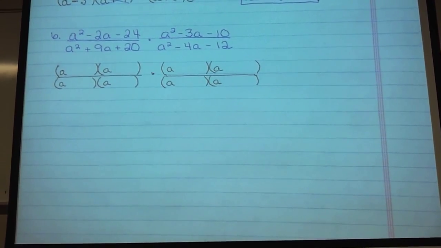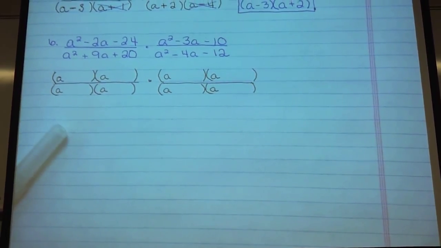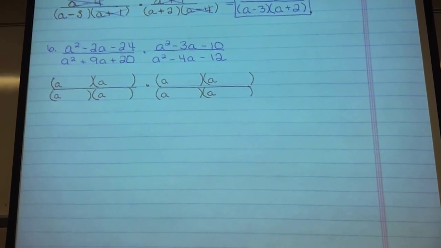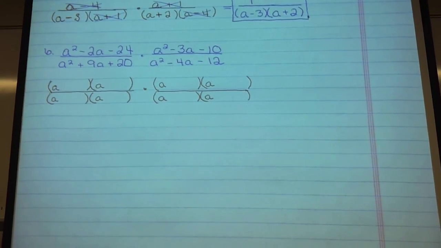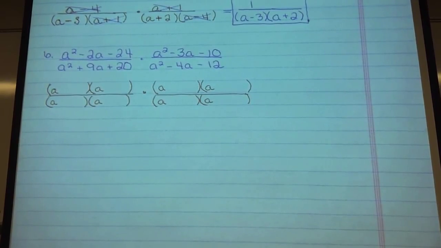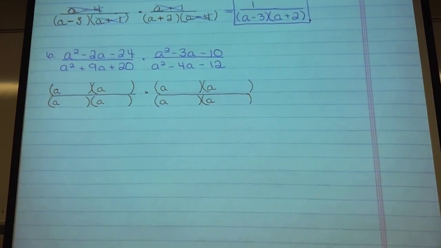You just counted up all your a's. Yeah, I just got it ready, so I don't have to waste time with that. And you can cross cancel on the top. I haven't factored anything yet. I haven't started the problem. I just put the a's in, so I don't have to sit there and add all the sets of parentheses.